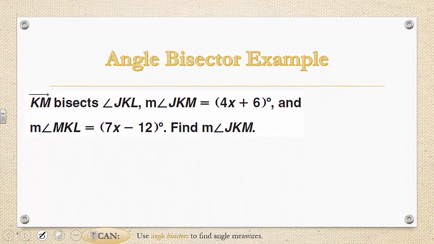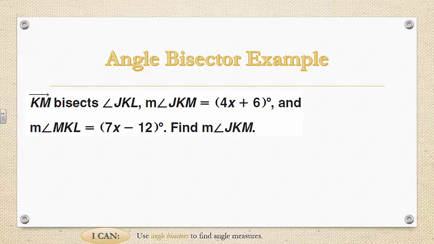So let's prove it. Here's an example. Ray KM bisects angle JKL. The measure of angle JKM is 4x plus 6 degrees, and the measure of angle MKL is 7x minus 12 degrees. We need to find the measure of angle JKM.